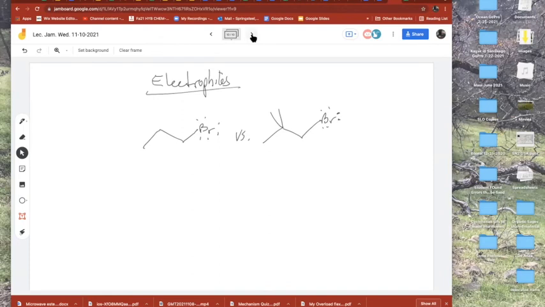Someone said the primary. This is a primary electrophile, and this is a primary electrophile. So you were correct. The primary electrophile is faster. But this one's got a bunch of branching. So when I try to draw in the rest of this, you can see that my cone of reactivity is going to be smaller for this one than it will be for this one.